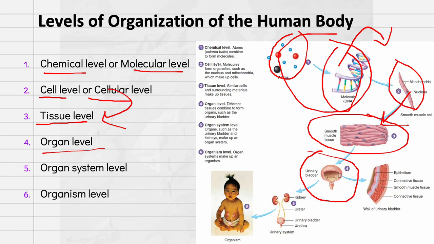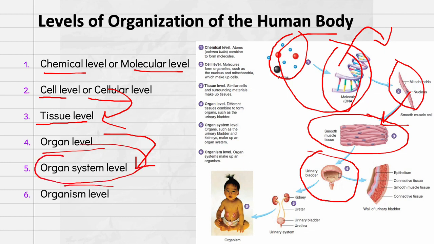This will be known as the organ level. And then, not to be surprised, different organs will perform a specific function, and those organs will become a system, known as the organ system level.